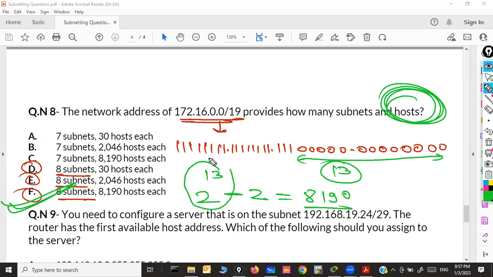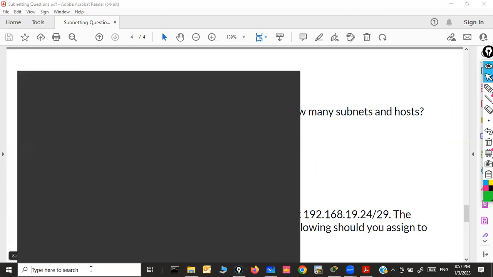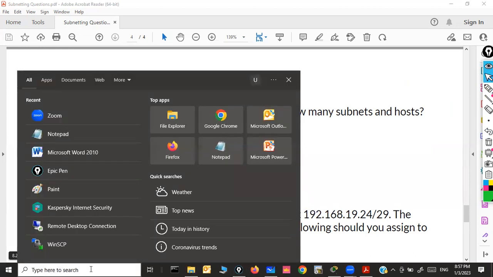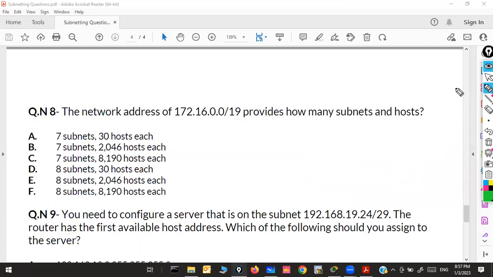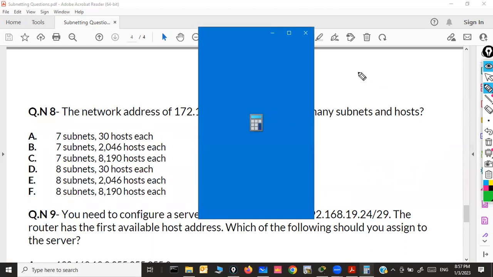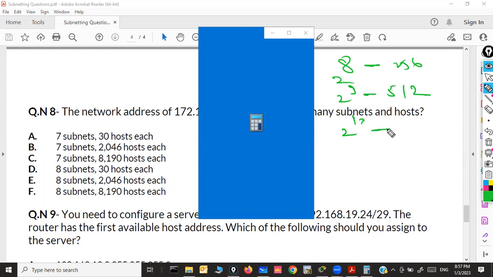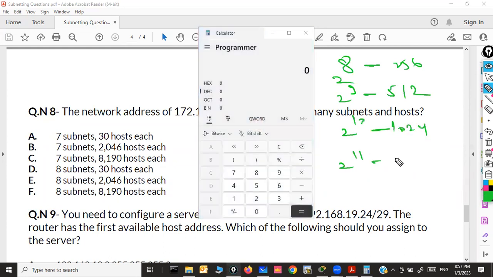But we need to find out 2 raised to the power 13. If you are unable to perform that computation, as I said in the beginning, you can use a calculator. If you don't remember, this way you can also understand: we already know 8 bits means 2 to the power 8 is 256, 2 to the power 9 is 512, 10 is 1024, 11 is 2048, 12 is 4096, and 13 is 8192, right?